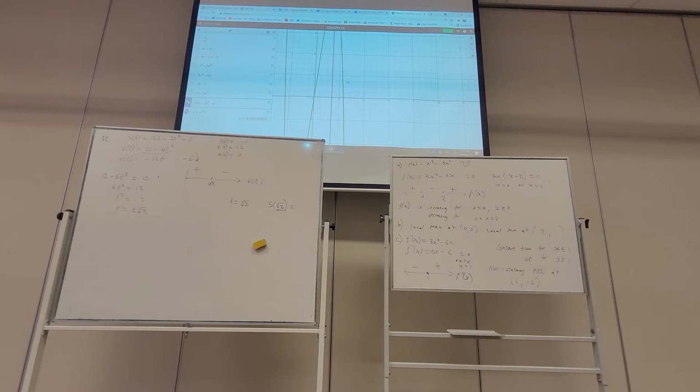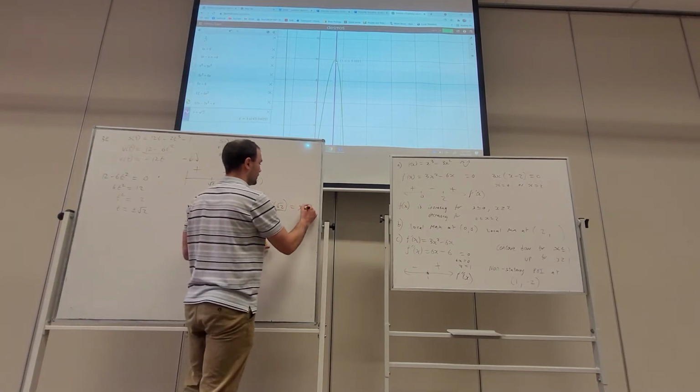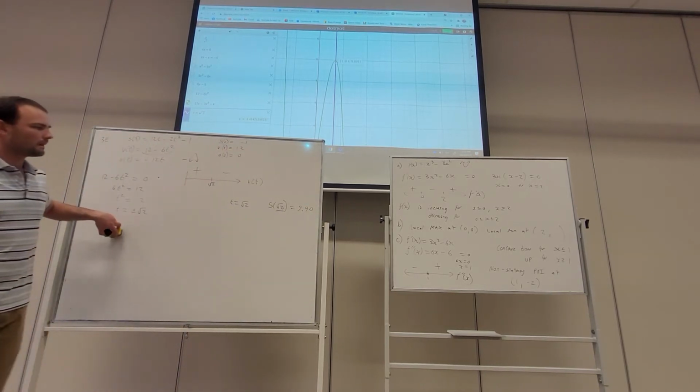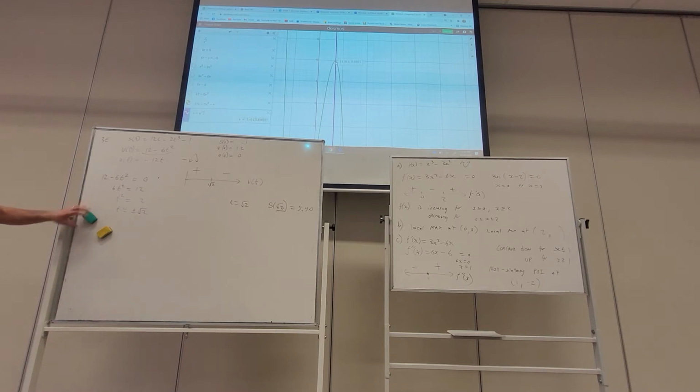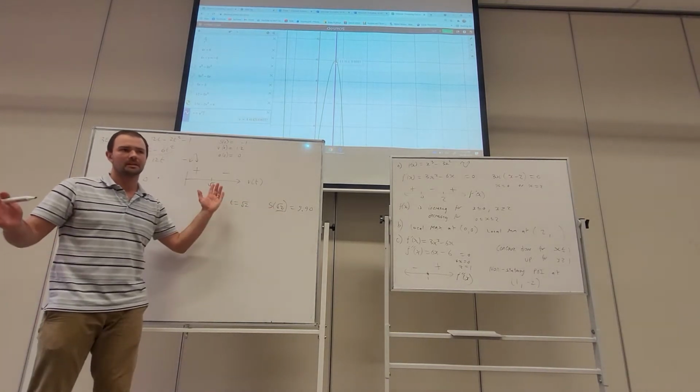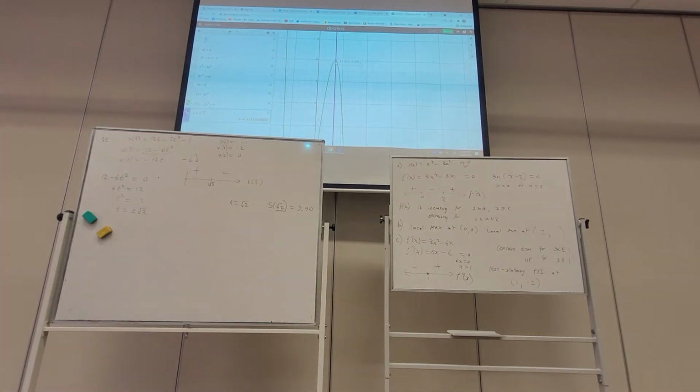If you put root 2 into the equation, it's going to be a nasty number as well. 9.899. So we'll just round that to 3 significant figures. We'll just go up to 9.9. All right, so we've got the displacement, the time and position when it changes direction. That's part C. Done.